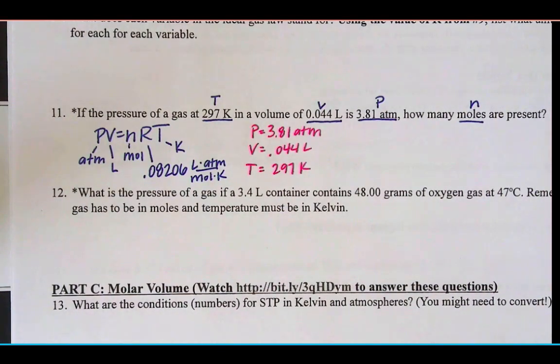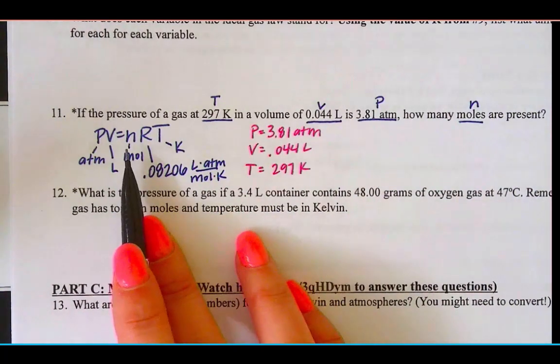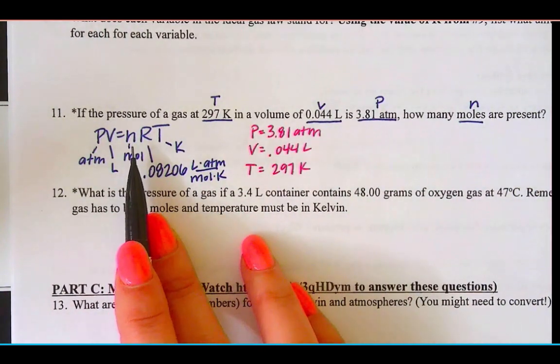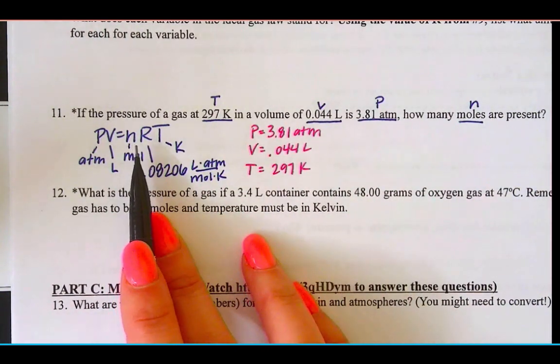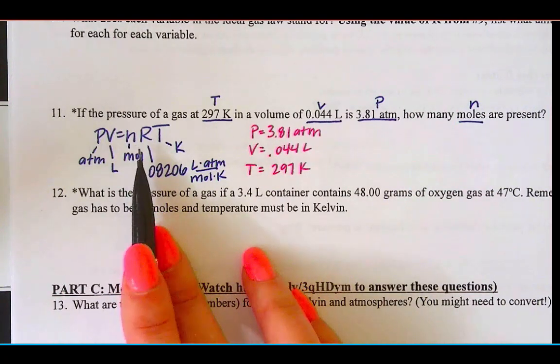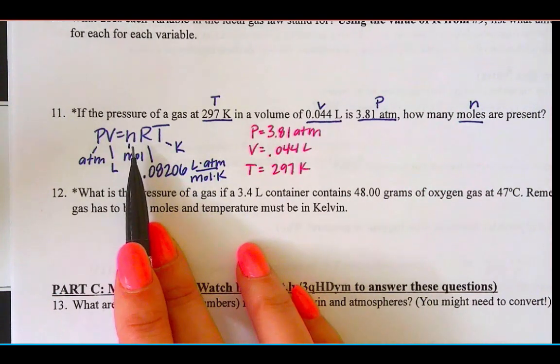Now with the ideal gas law, I like rearranging first so that you're not trying to plug everything in and then rearrange the equation. My goal is to solve for n. Be careful with manipulating equations. The goal is to solve for n, which means I want to get n on a side by itself.